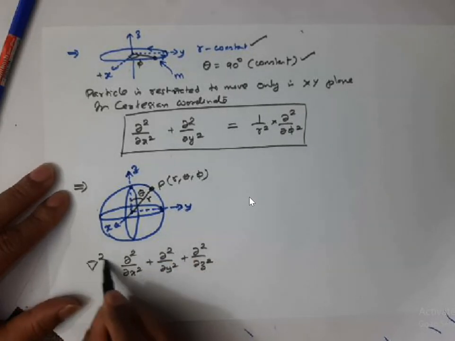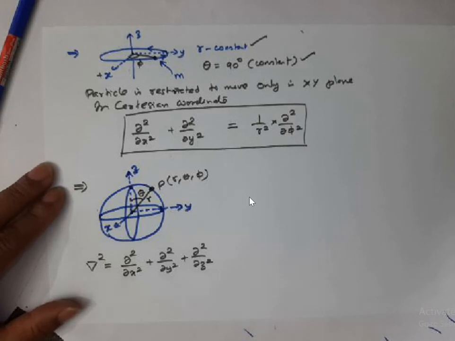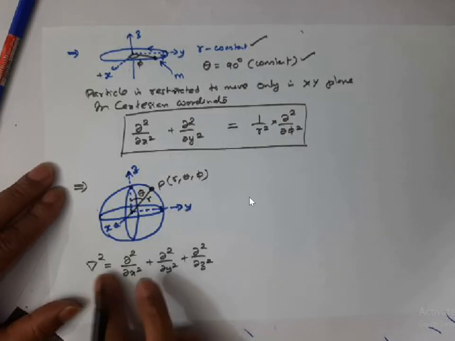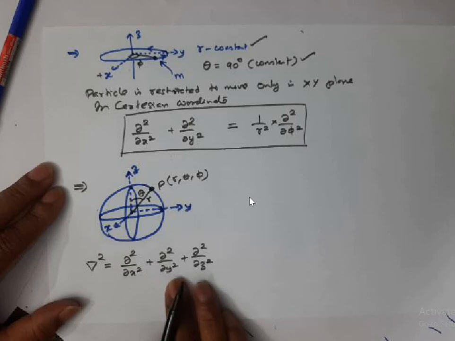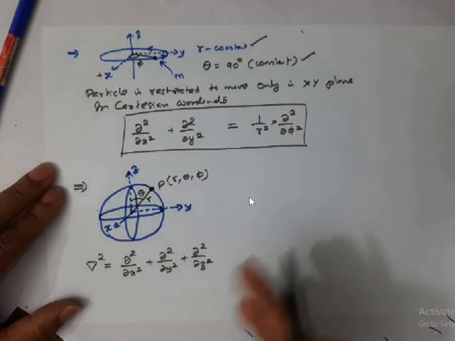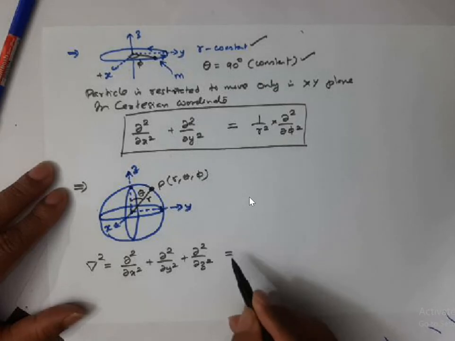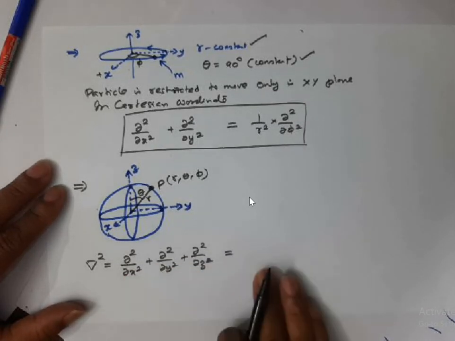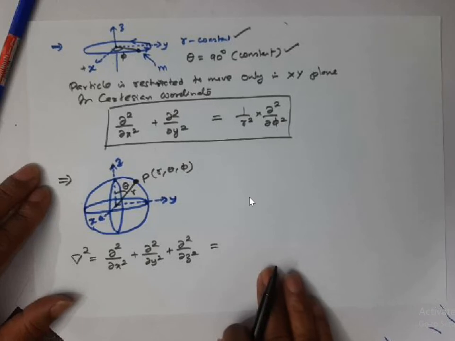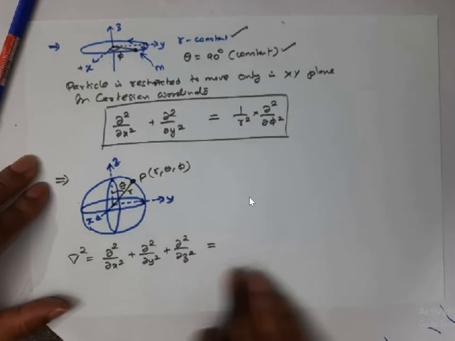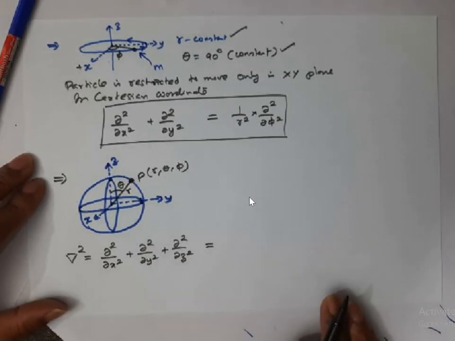Actually it is called the Laplacian operator, del square. So del square, the Laplacian operator in Cartesian coordinates, is this. What is the equivalent of the Laplacian operator in spherical polar coordinates? We have a derivation, but I'm not going to do that. At least try to remember this expression, which is very, very important.